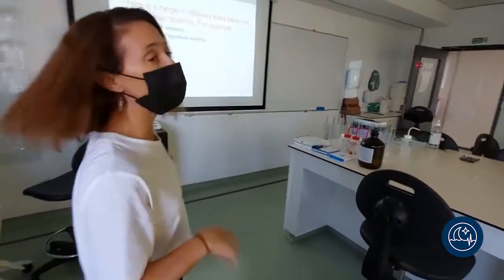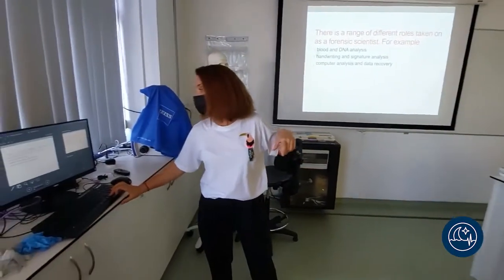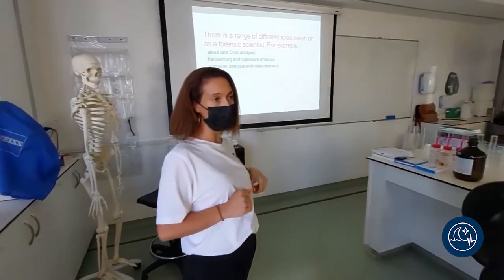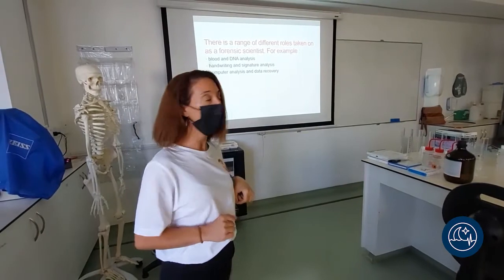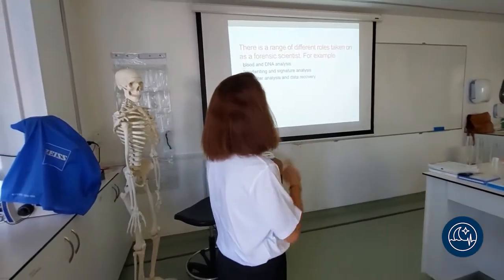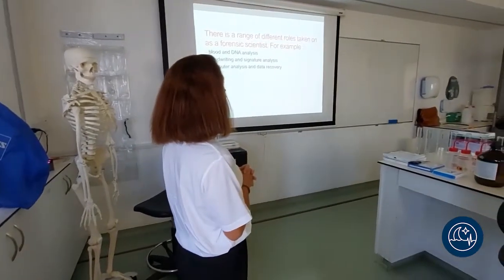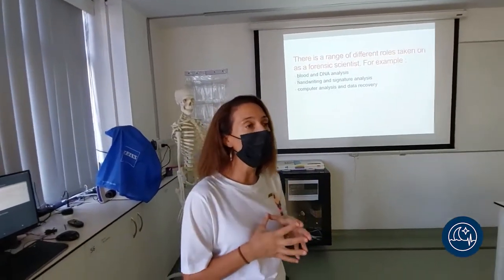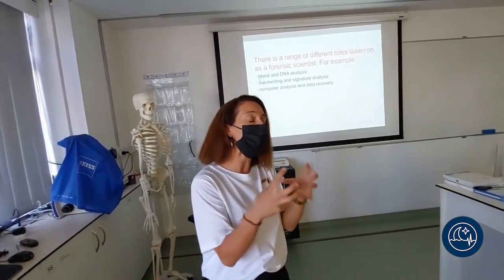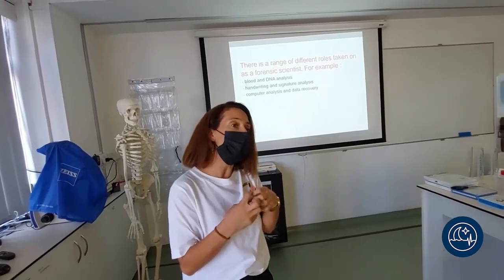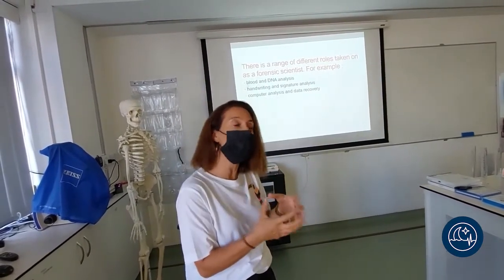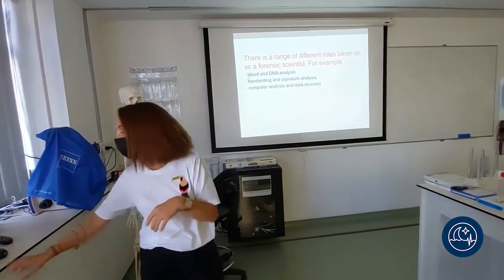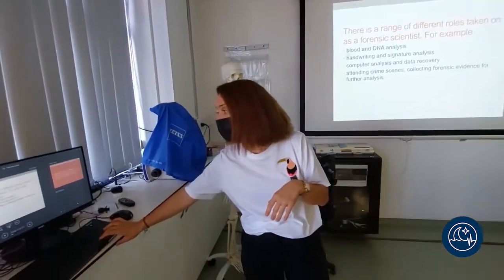And there's another popular one these days: computer analysis. You get a lot of frauds happening on the internet. And data recovery. I don't know if you guys have ever heard of people taking your data and then asking you for money in return to give it back to you. Yeah, so that happens. So forensic scientists could help there.